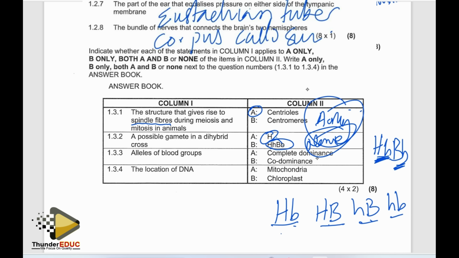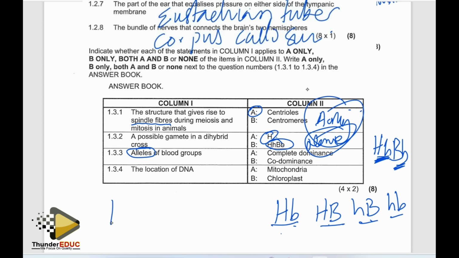They're saying complete dominancy and then co-dominancy. Guys, here I would say it's both, if they're talking about the genotypes. But in this case, the question is asking alleles.